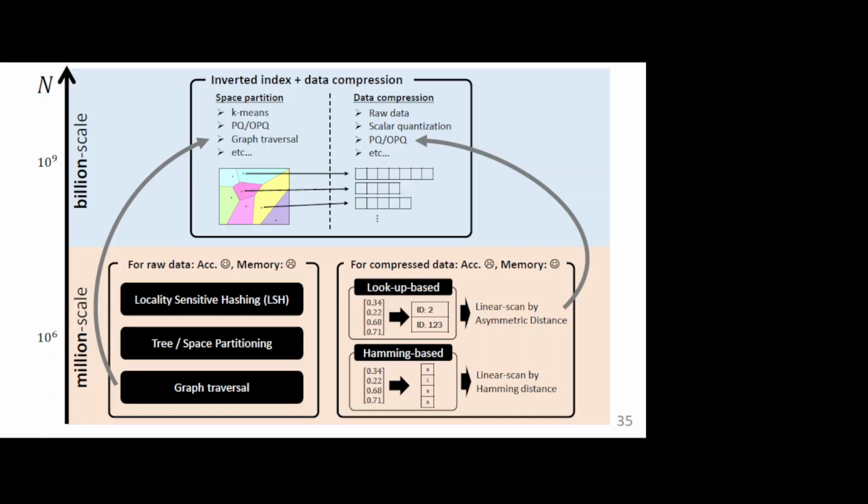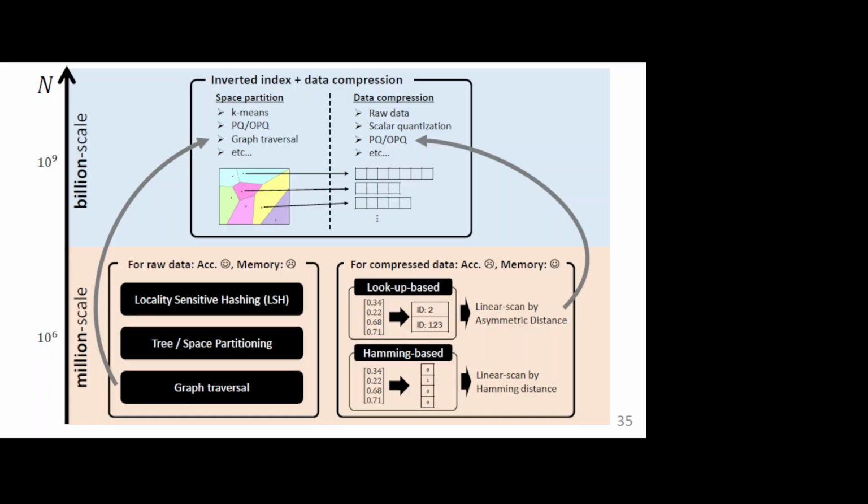So basically these are two approaches applied at the medium scale. But when you extend your database to the billion scale, if we want to load all your data, including your raw data and index structure, into memory, the raw data cannot all fit in your memory.